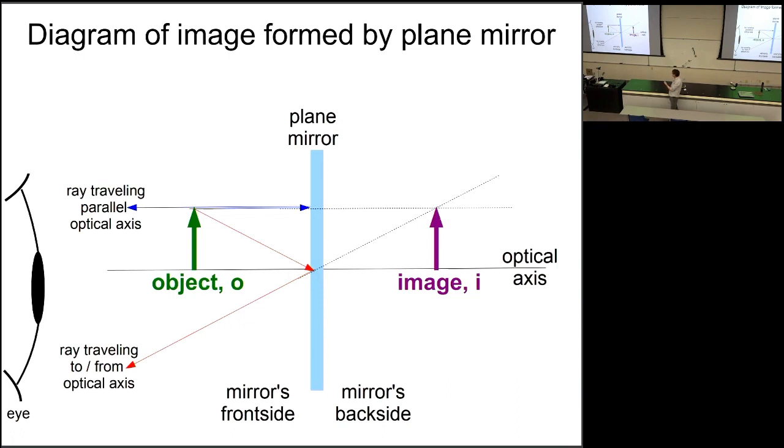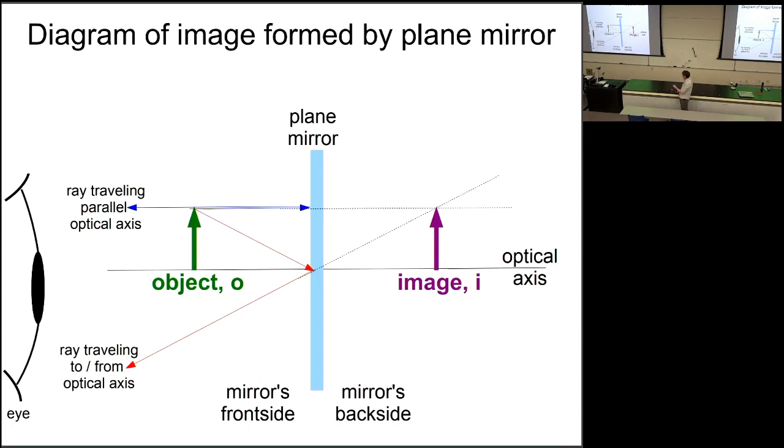So the incident angle, which would be in here, is equal to the reflected angle, which is downstairs here. So I've drawn two rays obeying the law of reflection. Two rays that are relatively simple rays to construct, because one is parallel out and one is in towards the optical axis, away from the optical axis. That's why I picked those two.